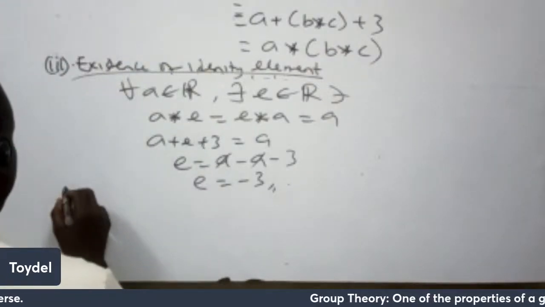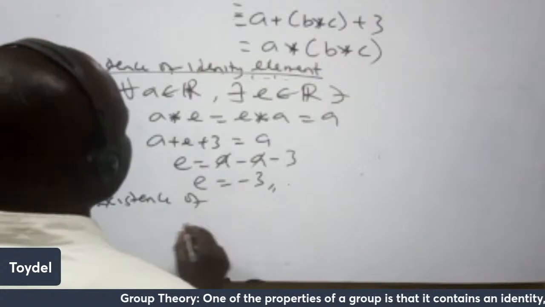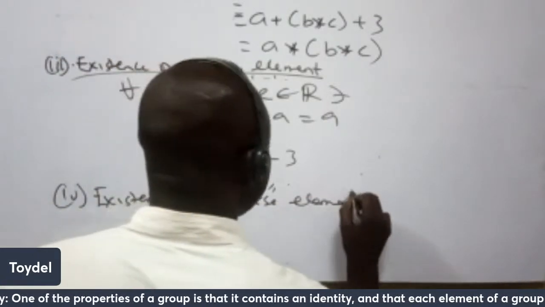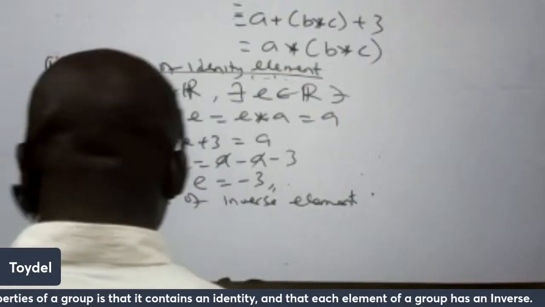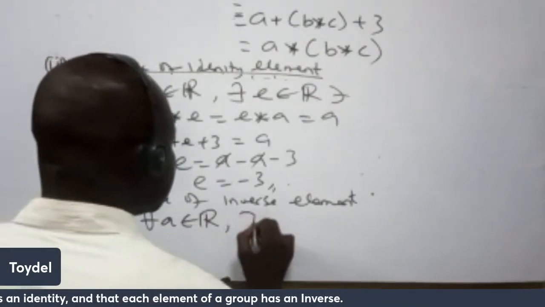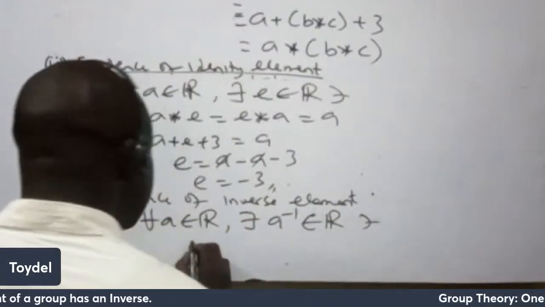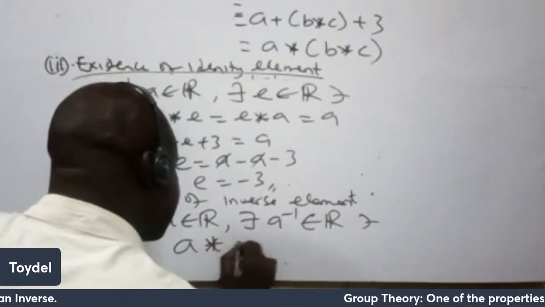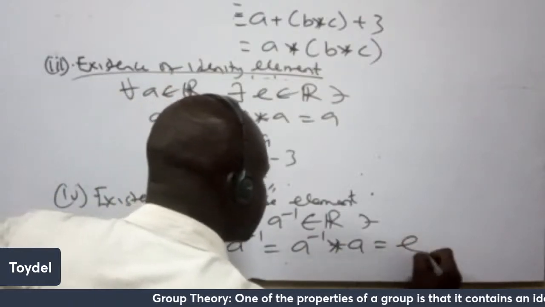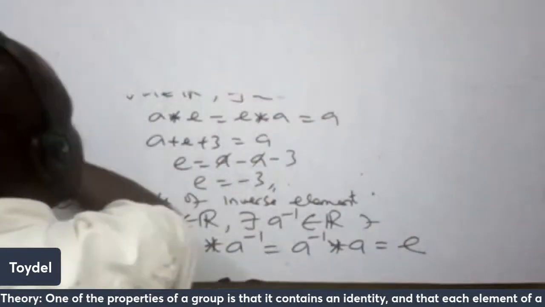So we go to the fourth property, which is existence of inverse elements. Under inverse element, we say for all A that belongs to the set of real numbers, there exists A inverse that belongs to R such that A * A inverse, which is the same thing as A inverse * A, must give us the identity element, because we use the inverse element to get the identity element.